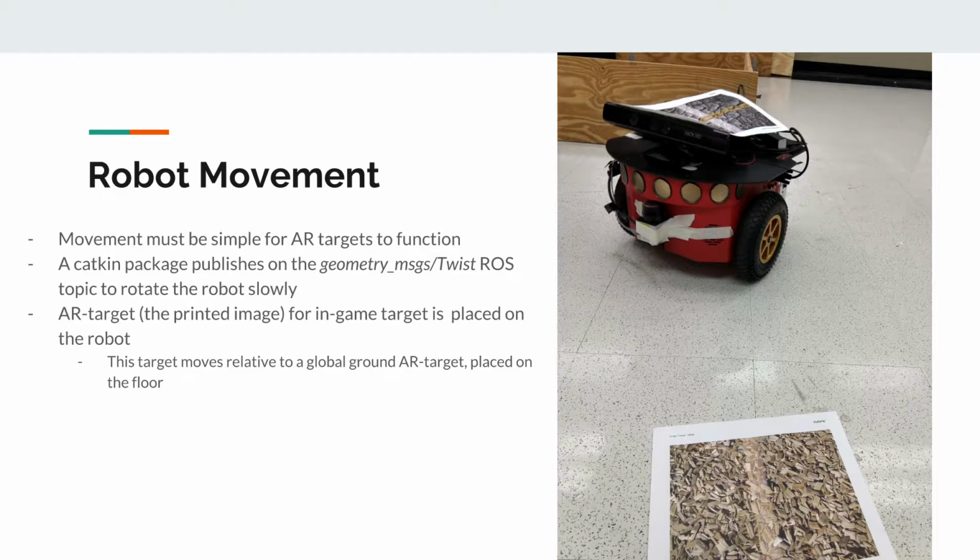As you can see in the picture, there's an AR target placed on the robot, as well as an AR target placed on the ground. Each target represents the robot and ground frame, respectively.